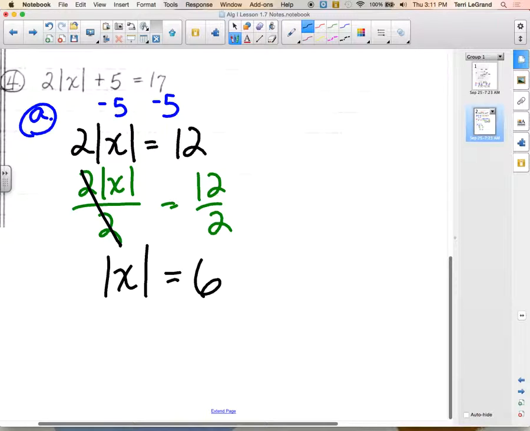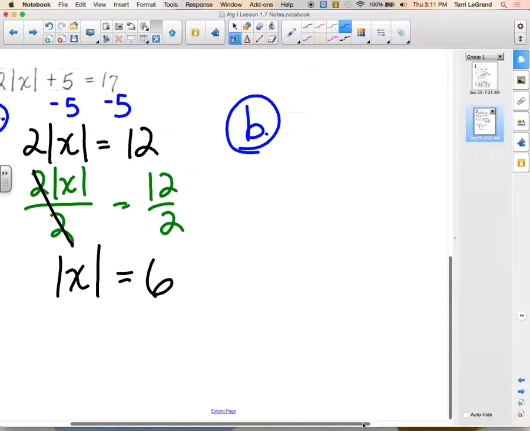Okay, moving on then. Will you always have to do step B? Always, always, always. What will we never see in step B? The absolute value bars. Okay, so what are the cases I can set up this time?